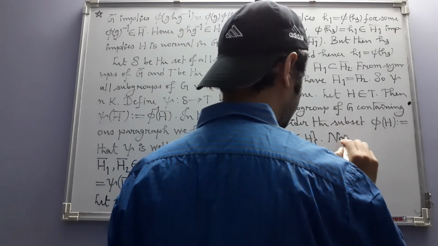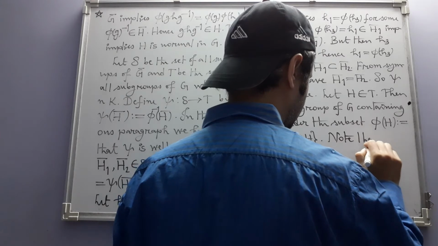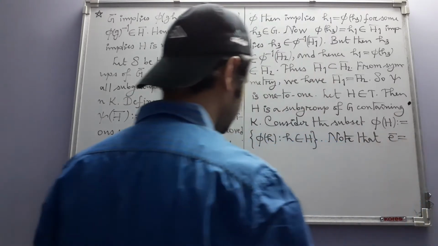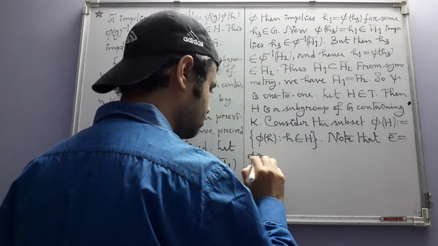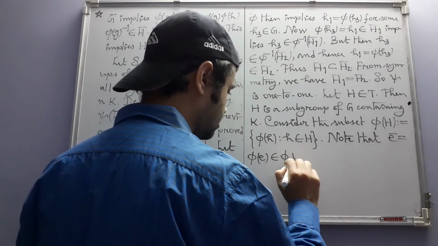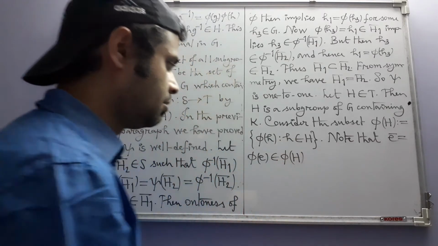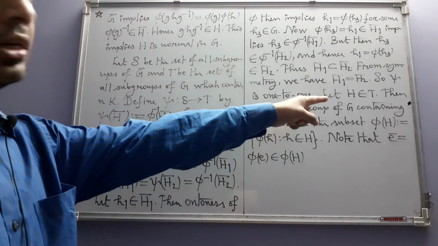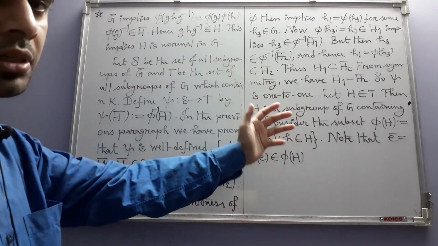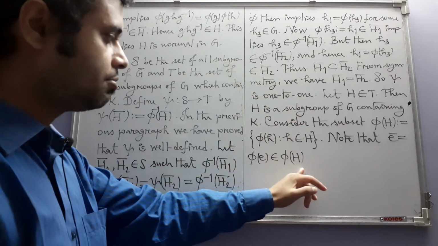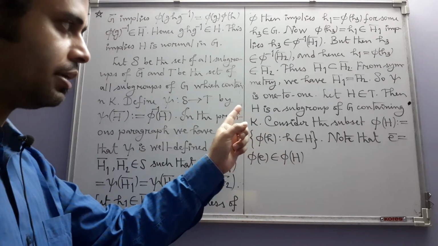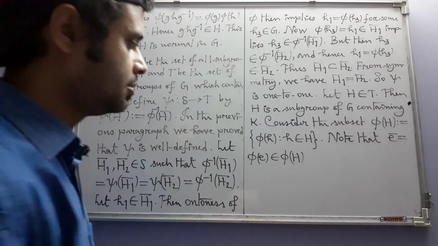Note that E bar equal to phi of E belongs to phi of H, because H originally is a subgroup of G containing K, nevertheless it's a subgroup, so H will contain the identity element. So that's why its phi image will by definition belong to phi of H.